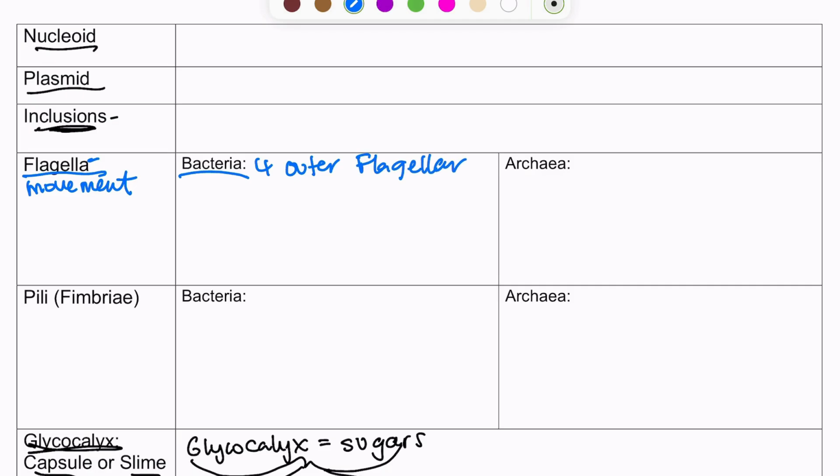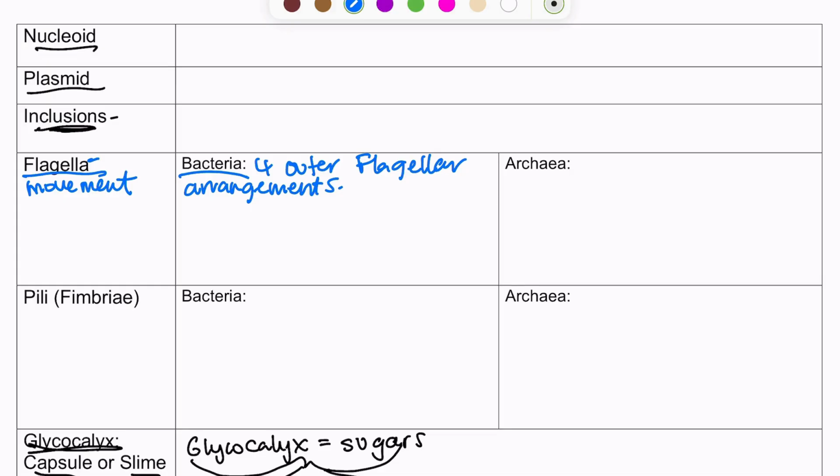Flagellar arrangements. I'll just draw them out, and then we'll talk about how you just have to know how 2 of them move.